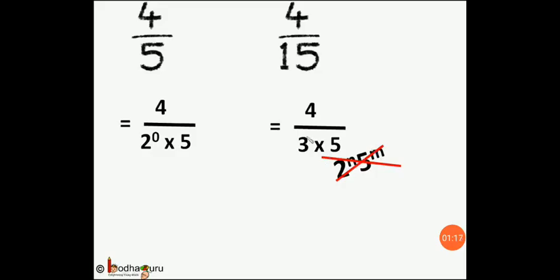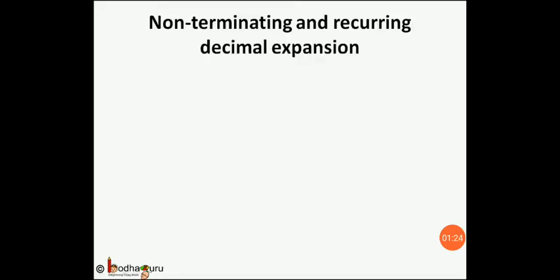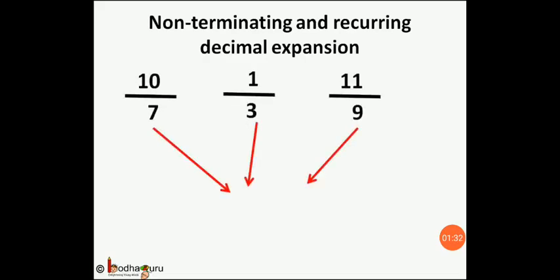Therefore it gives us a non-terminating recurring decimal expansion. So whenever the denominator consists of numbers other than 2 or 5, it gives us a non-terminating and recurring decimal expansion.